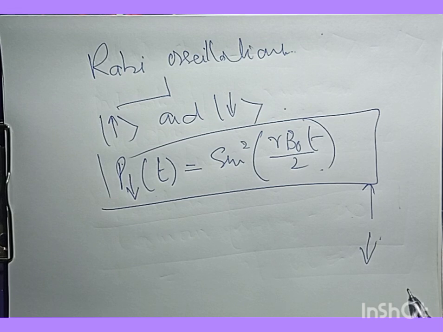So there's no absoluteness over here. There is an oscillation linked with the probability of finding that electron in the spin down state at that time.